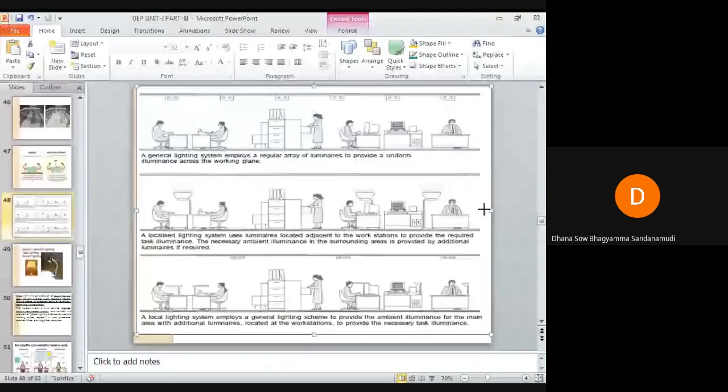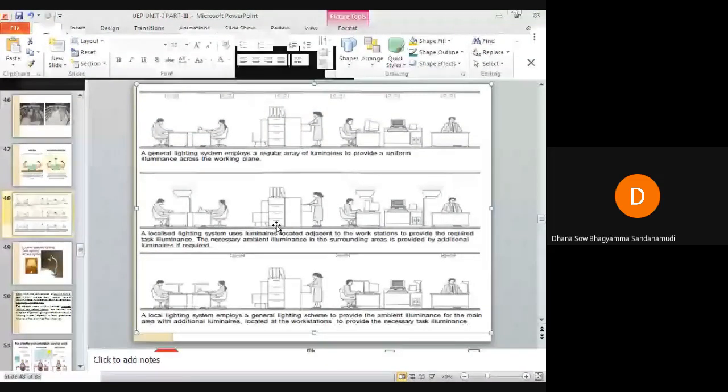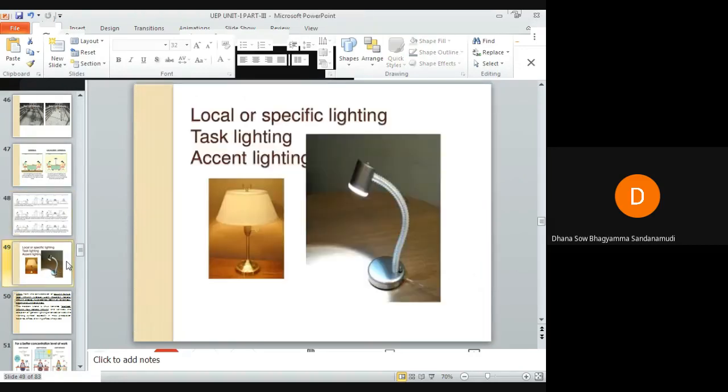I would be watching him while he was doing my homework, while the other members of my family were sleeping in the same room. We were reading without them, and because all the general lighting was turned off, they didn't have any disturbance because of the light that we were using. So these are the examples of localized lighting.